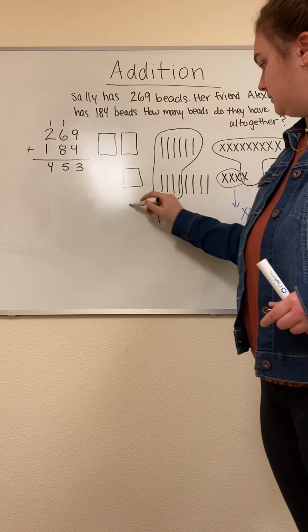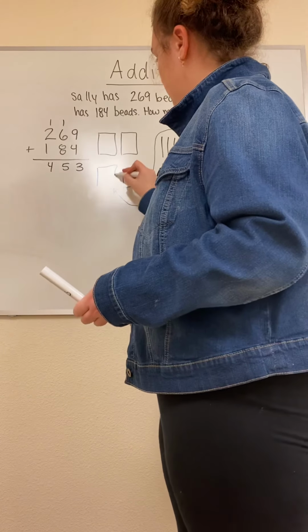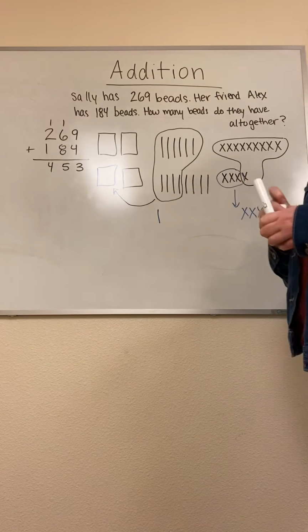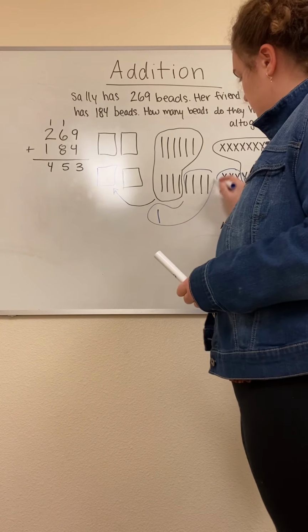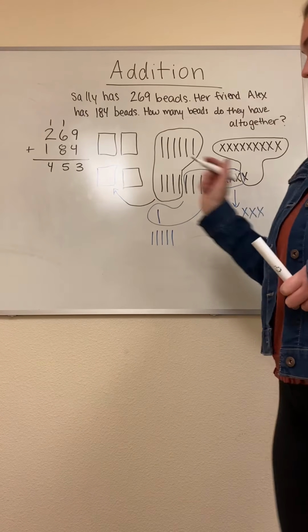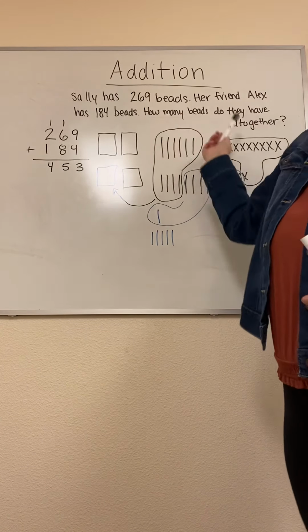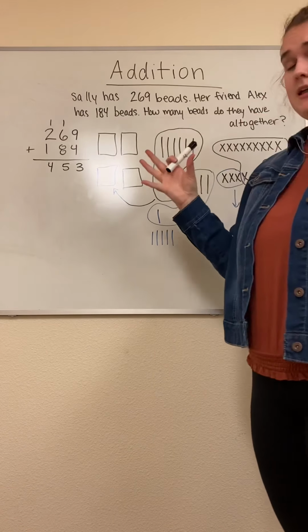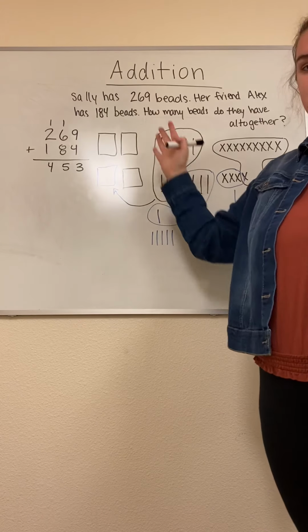That is going to move over here, and we're going to create a new 100. And then we have the rest of these together, which is 5 left. So 1, 2, 3, 4, 5. We can't make any more hundreds with just 5 tens. Then we look at these hundreds, and we can't make any thousands because we don't have 10 hundreds. So we're just leaving this as the 400s there.